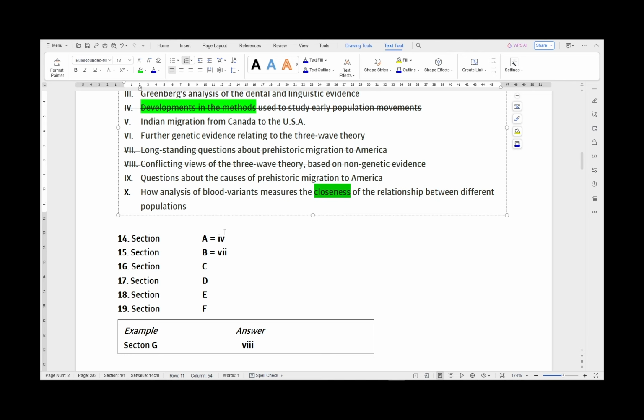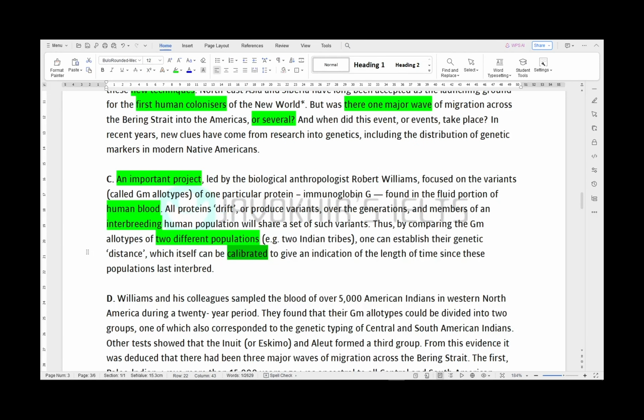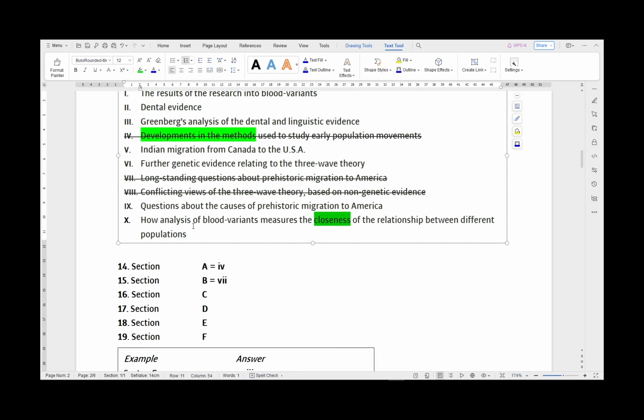I think blood. There was a word called blood variants, right? I remember the word human blood. So we have such variants, and we have the human blood variants, right? So I would say that's the option. There we go.